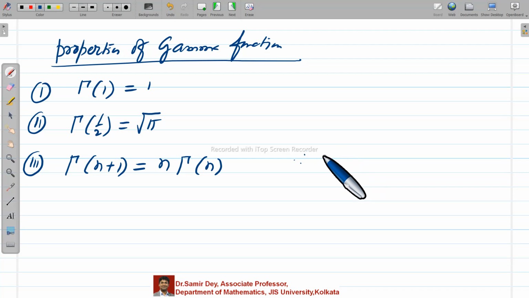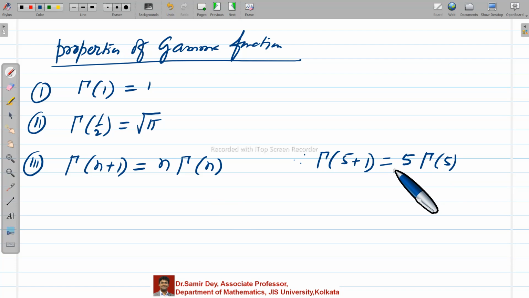For example, I can write gamma of 5 plus 1. So 5 should be outside and 5 should be inside, that is n plus 1, n gamma n. This process will continue until your n becomes less than 1.